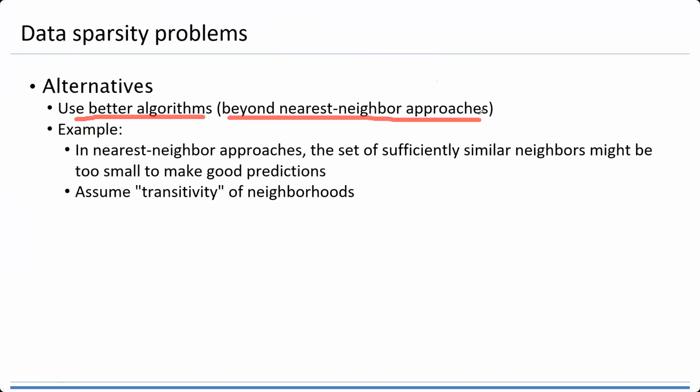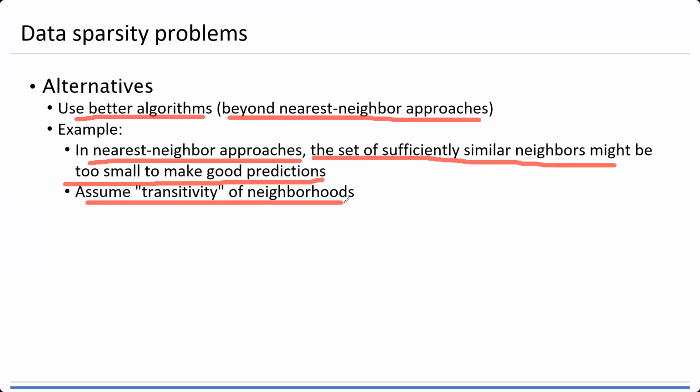What we already did today is the nearest neighbor using similarity. In the nearest neighbor approach, the set of sufficiently similar neighbors might be too small to make good predictions. We assume that our data is complete, so every user has ratings, but it is a little bit difficult if some data are not good.